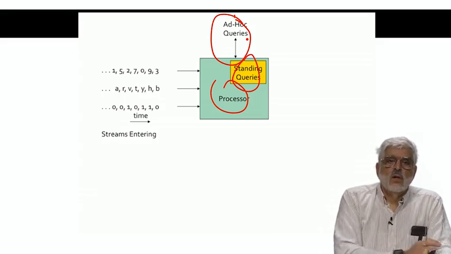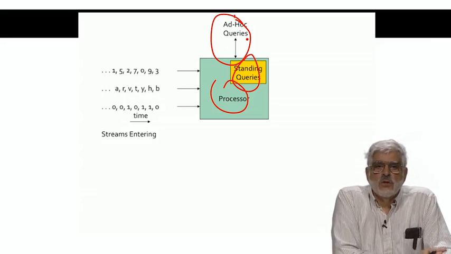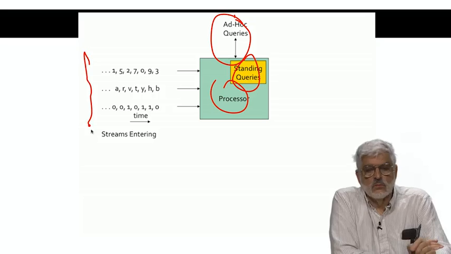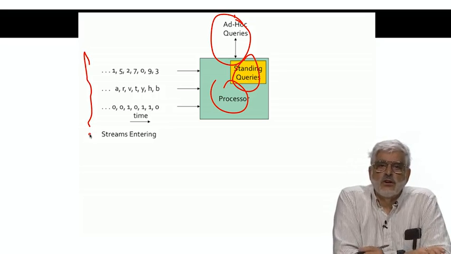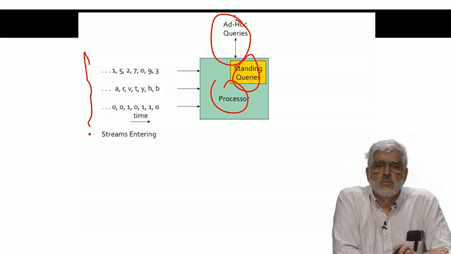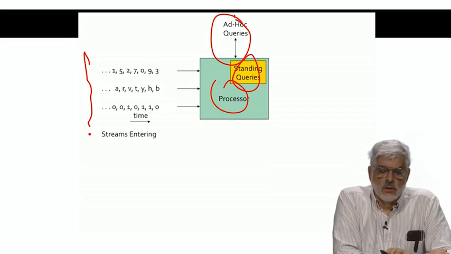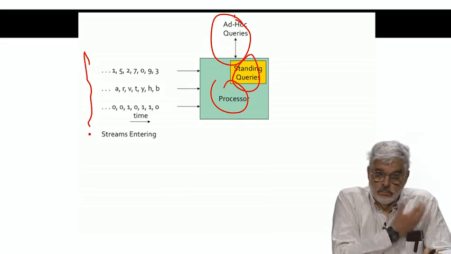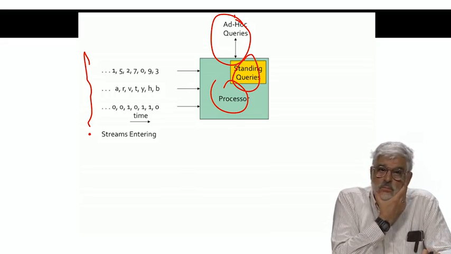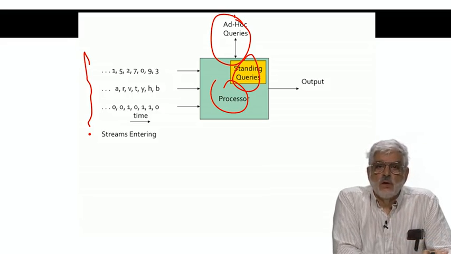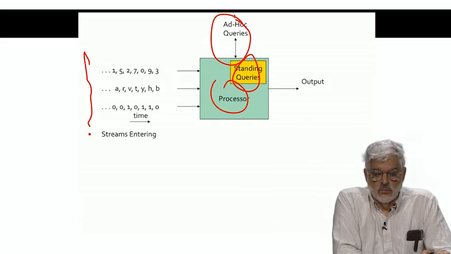Here we see several streams entering the system. Conventionally, we'll assume that the element at the right end of the stream has arrived most recently, and time goes backward to the left. That is, the further left, the earlier the element entered the system.